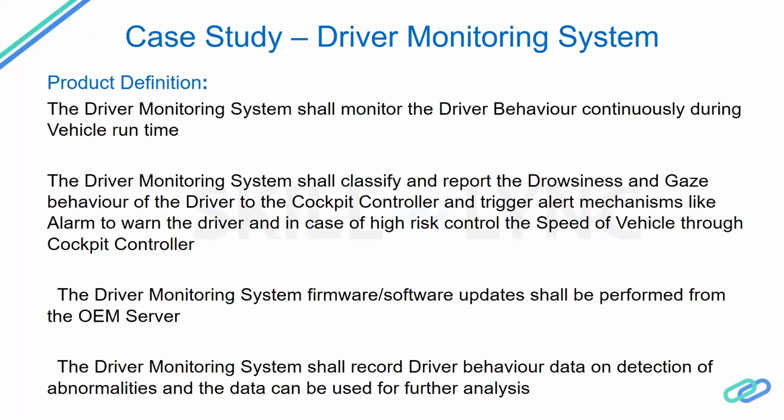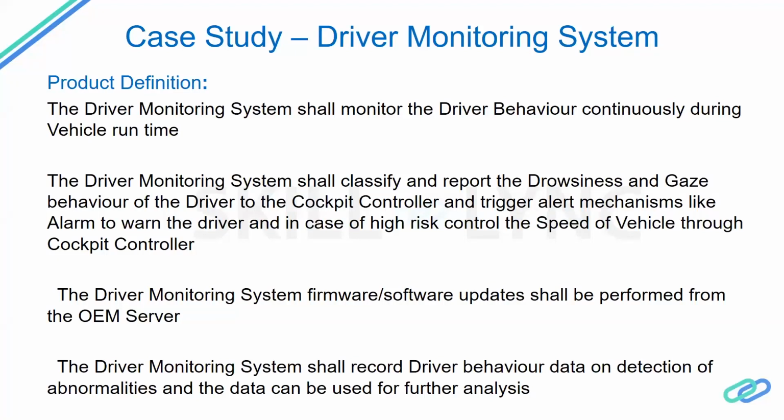And the driver monitoring system firmware update is basically programming, as the OEMs, in case they want to perform a firmware or software update, because the vehicles will be exported and used in different locations. So a callback of vehicles is usually very expensive.